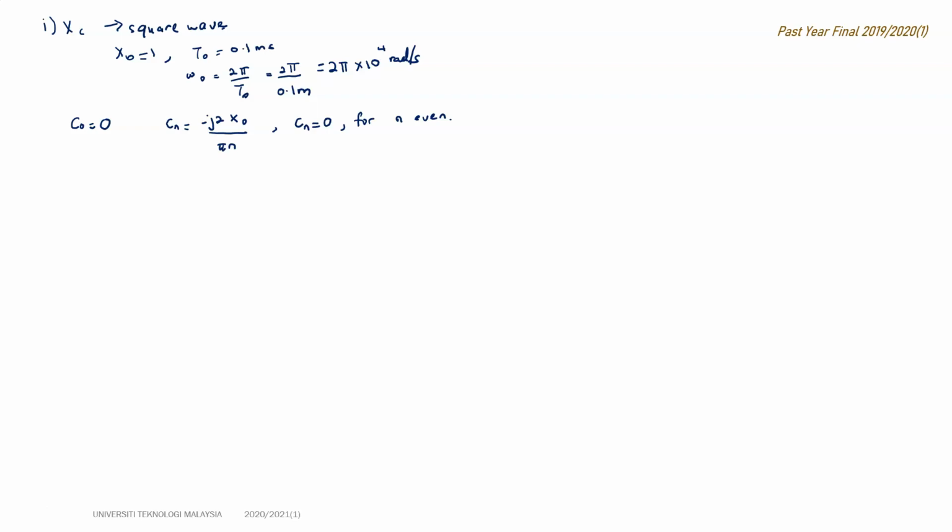So n equal to 2, 4, 6 and so on will not be counted because it is 0. The overall equation for the complex exponential form of the Fourier series is a summation.